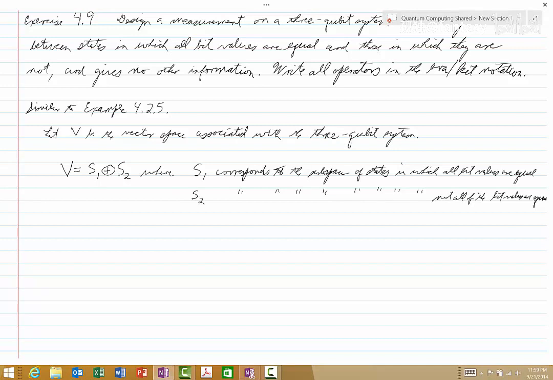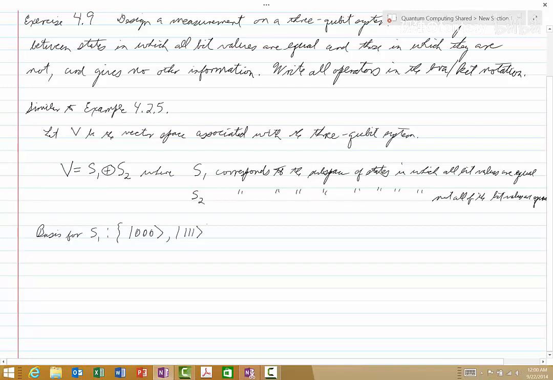Okay, I hope that you concluded the following. The basis that I would choose for S1, since S1 is the subspace of states in which all the bit values are equal, and remember this is a 3-qubit system, seems to me the obvious choice.